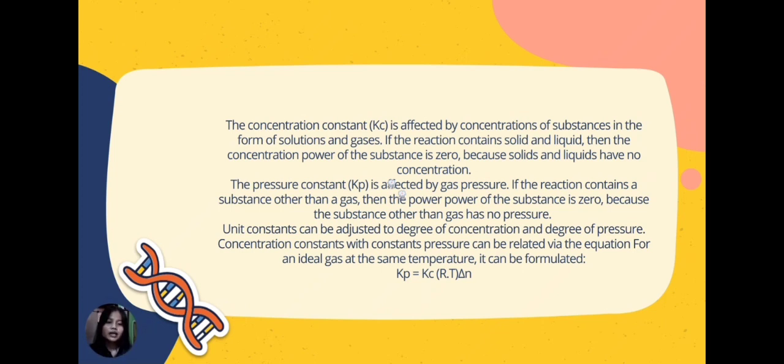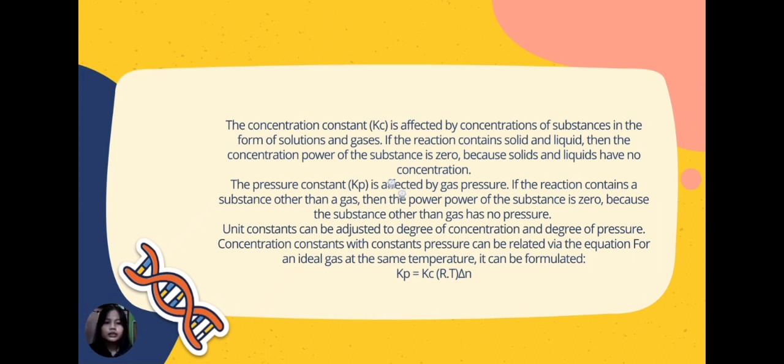The pressure constant is affected by gas pressure. If the reaction contains substances other than gas, then the power of the substance is 0, because substances other than gas have no pressure.